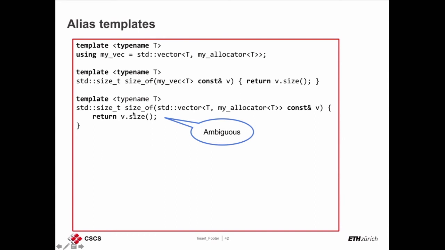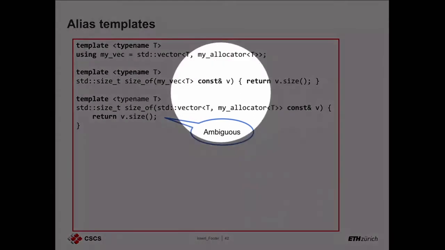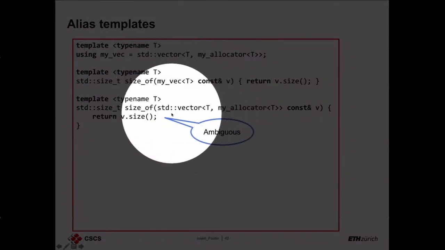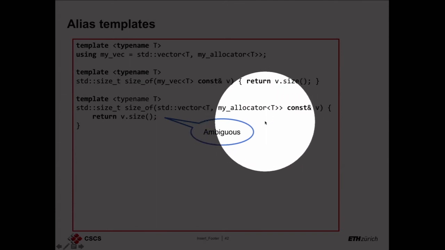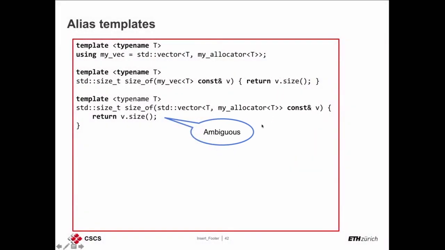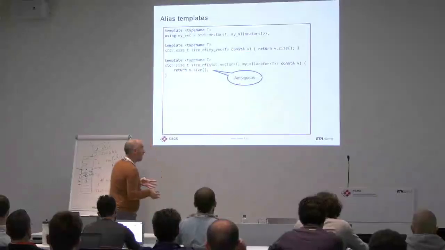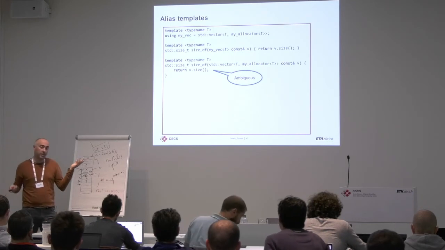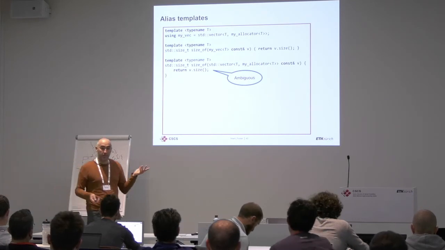Now, this is a compilation error because myvec is nothing. Myvec is exactly identical to std::vector<T, myallocator_t>. So I have two functions with exactly the same signature, and the compiler says, I don't know which one I should take. They look exactly the same to me.